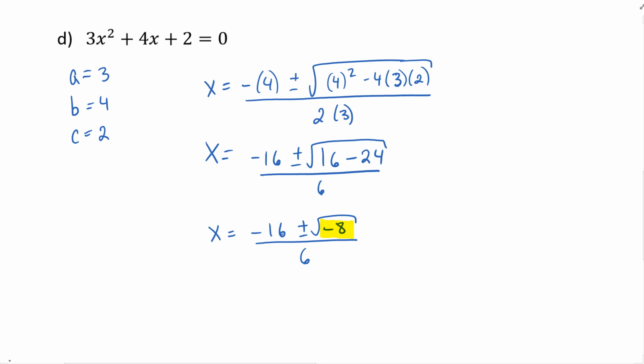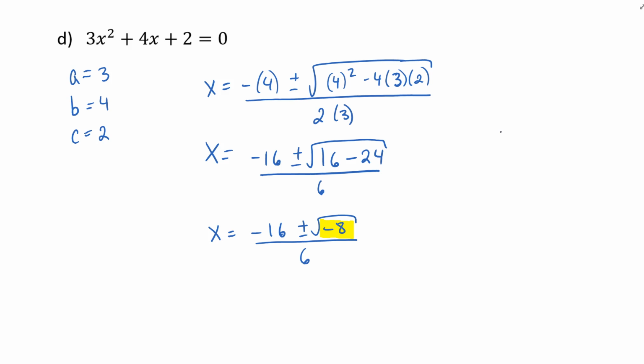Well, go ahead and try to find the square root of any negative number, in this case negative 8, and you're going to get an error in your calculator, because the square root of any negative number is imaginary. That's a different section of math where you see these imaginary numbers, which use a lowercase i, but in this case we don't want imaginary numbers because we actually have a quadratic that exists and we need the actual values for that.